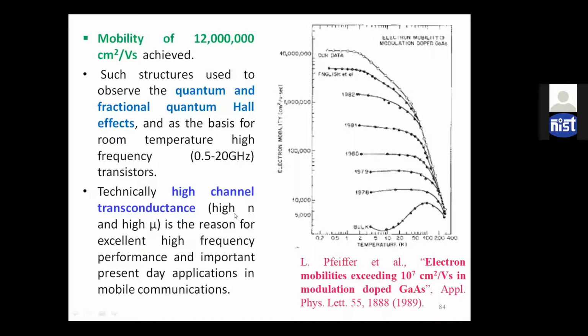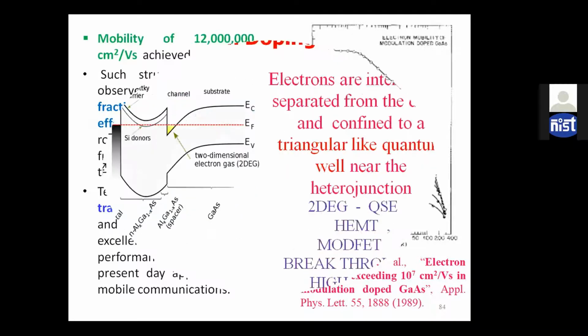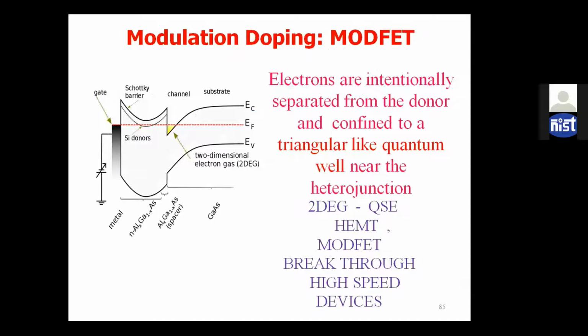You can add a high doping. So due to high mobility and N, the channel transconductance increases. This is the reason for excellent high frequency performance and important present day applications in mobile communications. Till now we are using this HEMT and MOSFET for high frequency operation. Right now GaN is the prominent one.